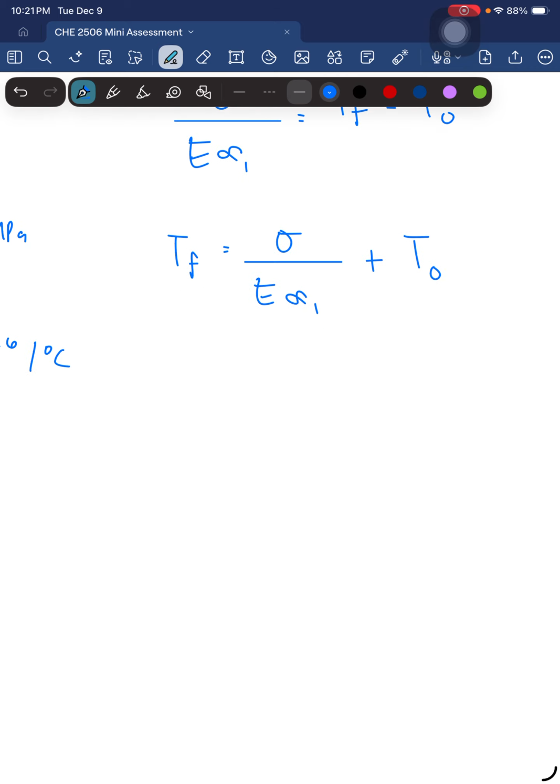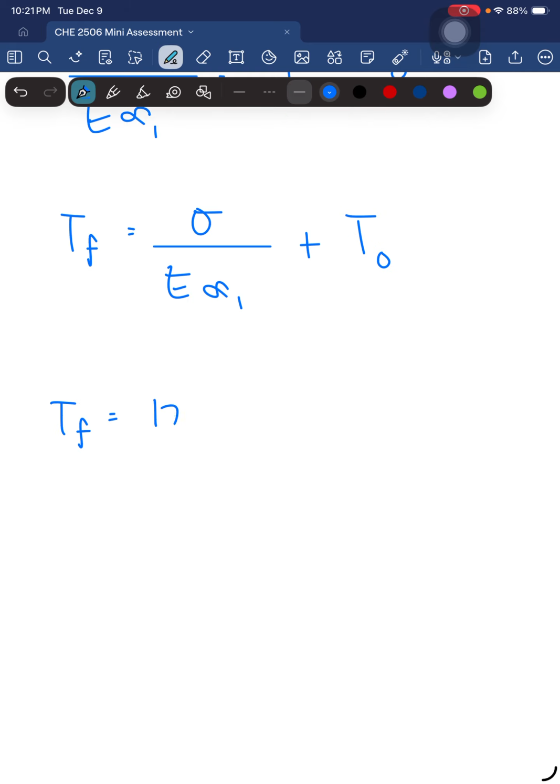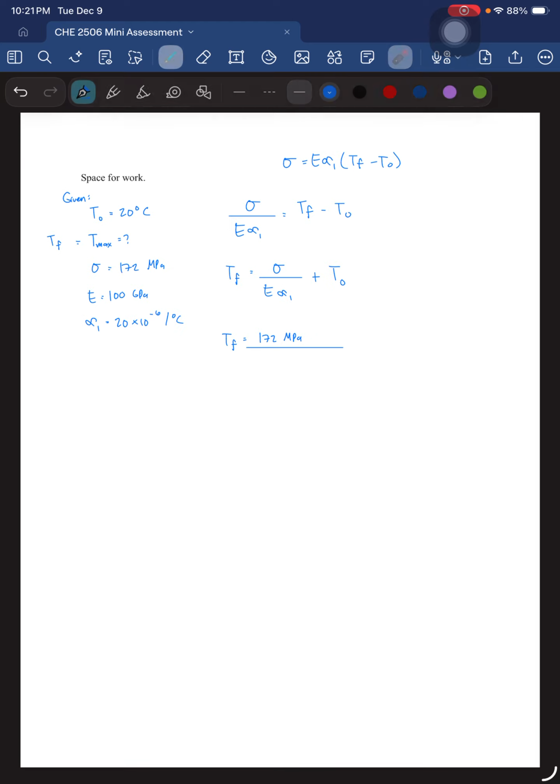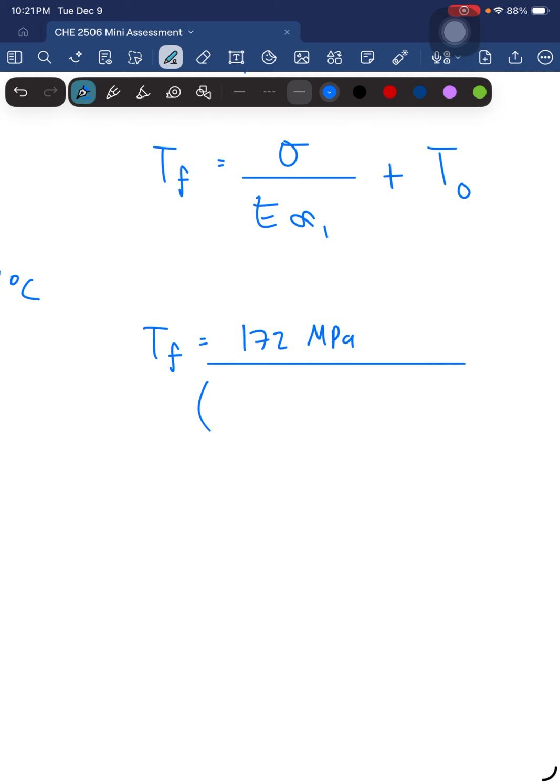So it's pretty straightforward. We're just going to be plugging our values in. Our stress would be 172 MPa divided by our E. Our E was given as 100 GPa, but we need to convert that into MPa so that our answer would make sense. It's pretty easy, you just multiply it by 10 to the power of 3.